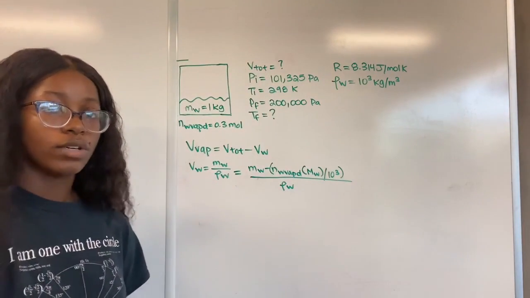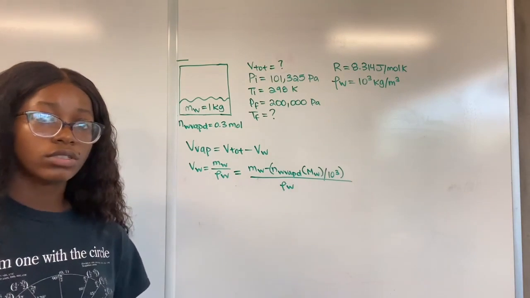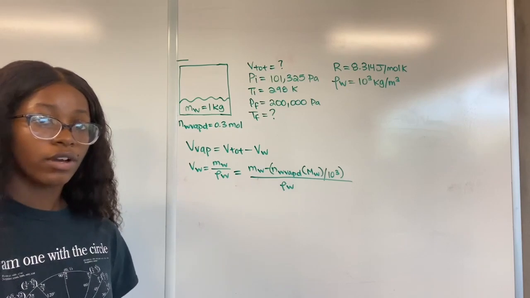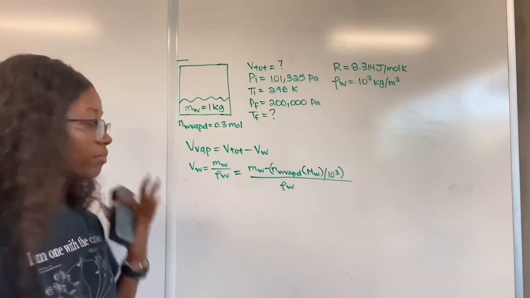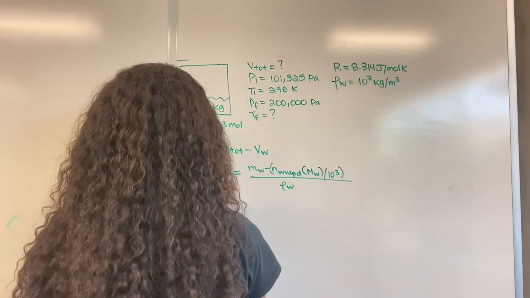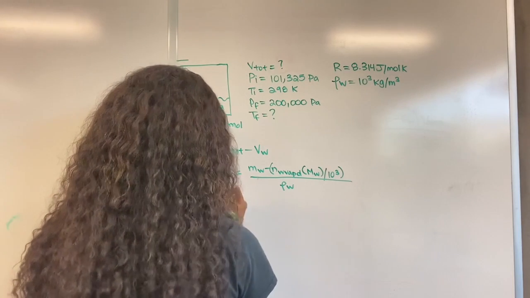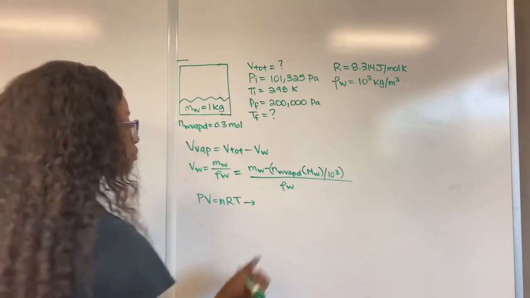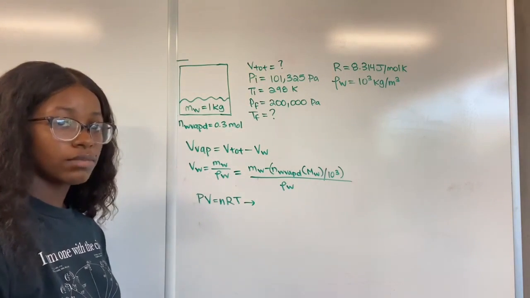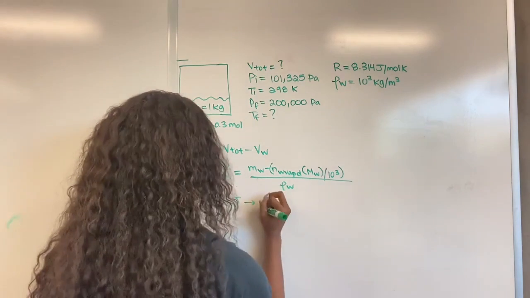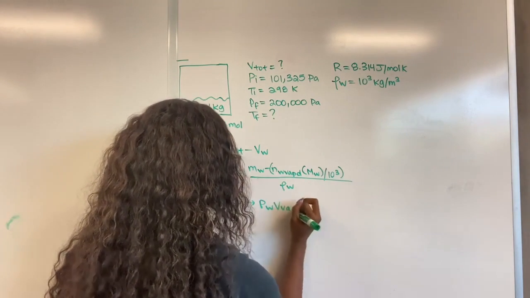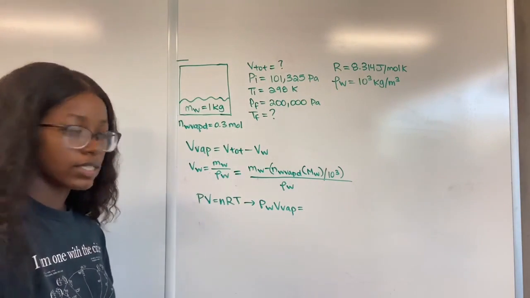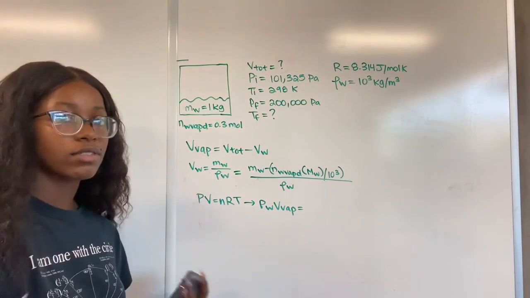From here, we'll also want to calculate the moles of water vapor that we desire, and we can use the ideal gas law, where the partial pressure of water times the volume of the vapor phase is equal to the moles of water vapor that we desired times the ideal gas constant times the final temperature.